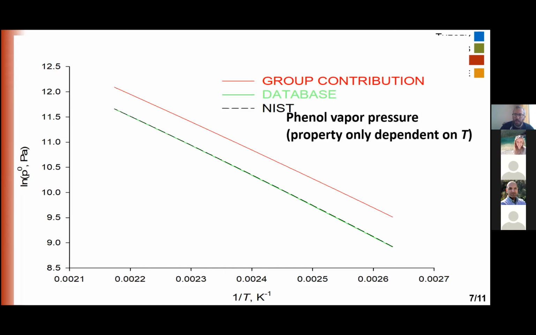But what happened is that, as you can see here, the red line overestimates the vapor pressure, and by a lot, even though phenol is quite a common and normal molecule, okay? So the more complex the molecule, the bigger the error.